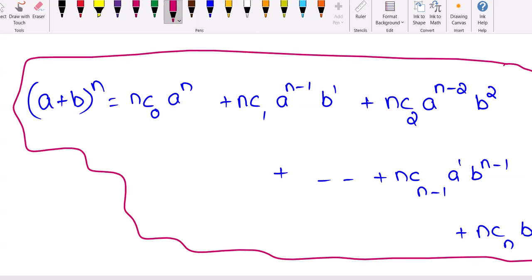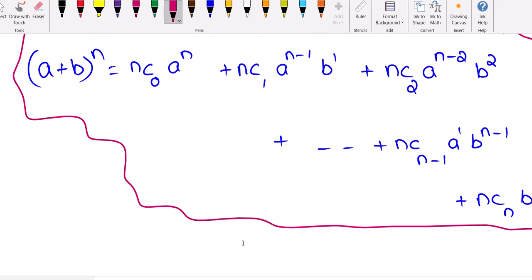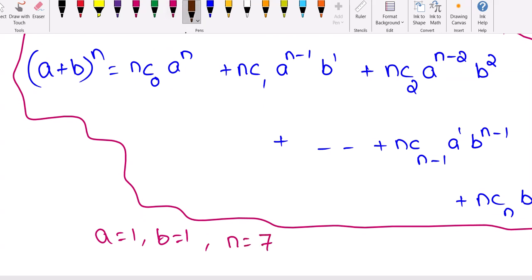So why is this needed right now? If I take a value 1, b value 1, n value 7, that's what your question actually requires. Then the left hand side is 2^7, right? 1 plus 1 is 2, and 2^7 is nothing but 7C0 plus 7C1. 1 power n is nothing but 1 power 7 or 1 power 6.